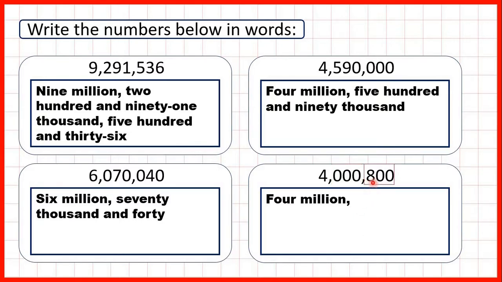Instead, we just move on and look at the last 3 digits. We have 800, so our number is just 4,800,000. We don't write the word thousand because all the digits in our thousands place values, so in our hundred thousands, our 10,000s and our thousands are zeros. And if we have zeros, we don't write anything.